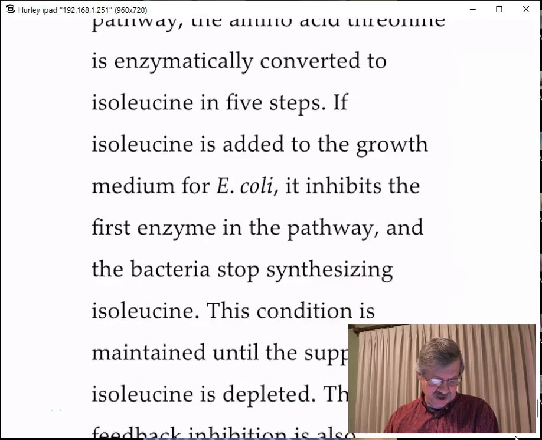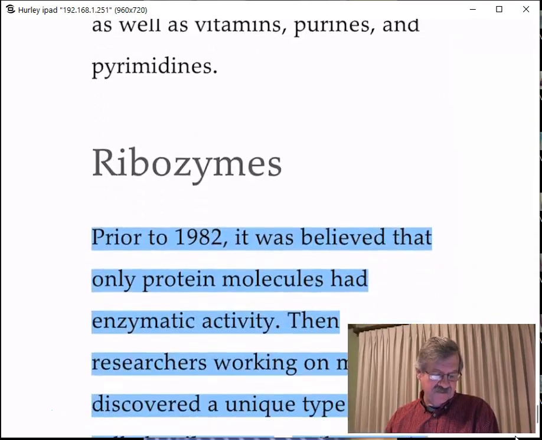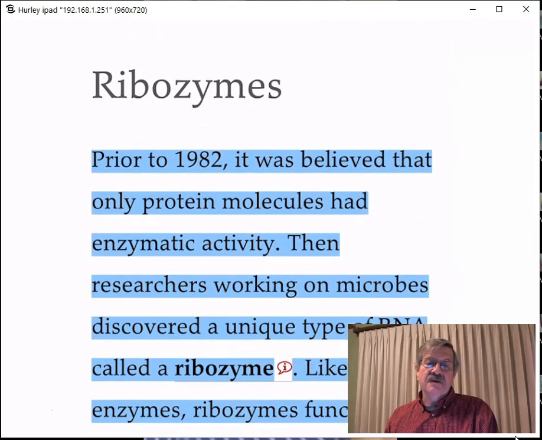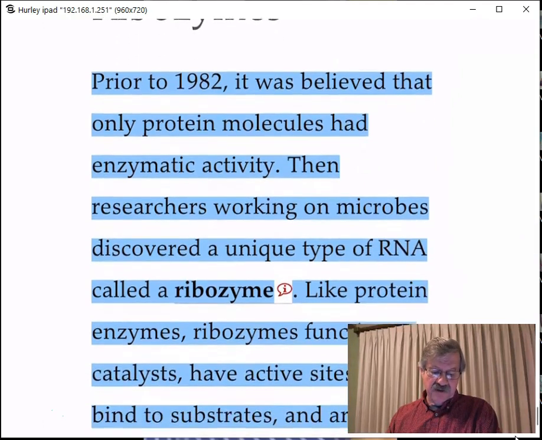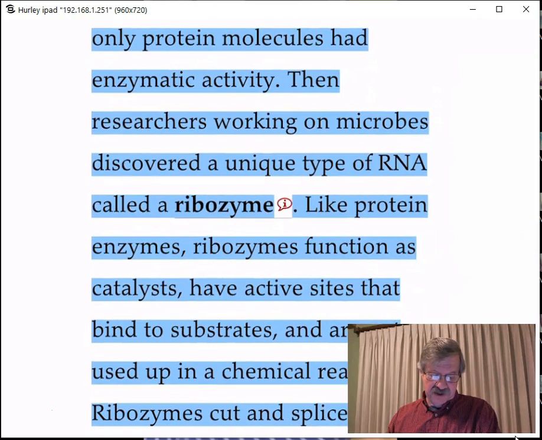Okay, so let's go on down here and look at this. Now, right here, we have another group of compounds called ribozymes. So remember, enzymes are proteins that speed up chemical reactions without being used up in the process. Okay, in the early 80s, they discovered that certain RNA compounds could do a similar type of activity, and those were termed ribozymes.